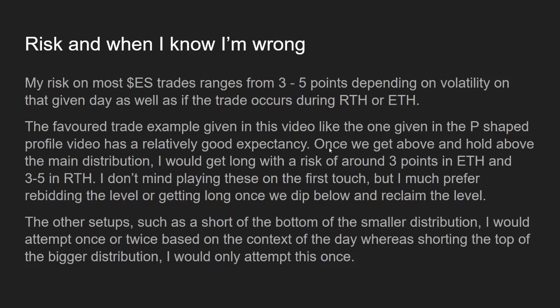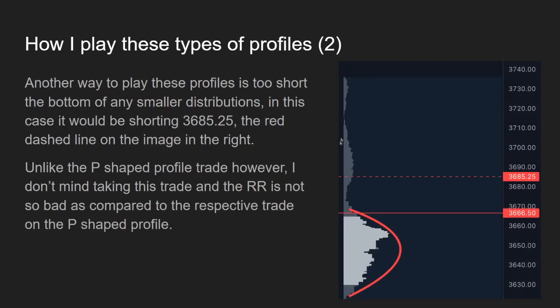The other setups, such as shorting the bottom of the smaller distribution, I would attempt once or twice based on the context of the day, whereas shorting the top of the bigger distribution, I would only attempt once. When I'm talking about context of the day, I'm talking about factors such as how big this distribution is.